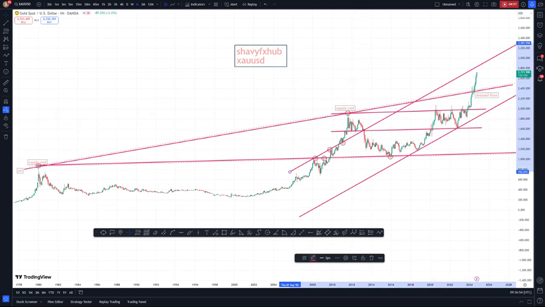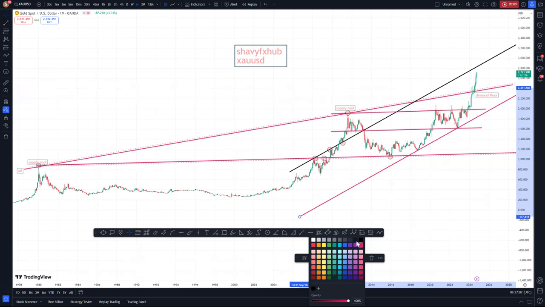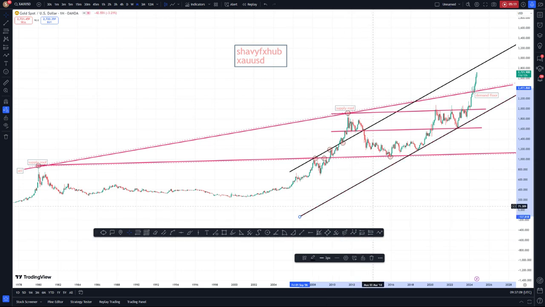But we have some clauses, some things to note along the line. We look out for another break of structure on a monthly time frame. We're going to change it to black. Now we want to find our supports and our resistance.